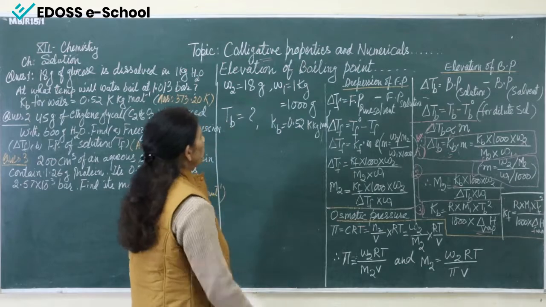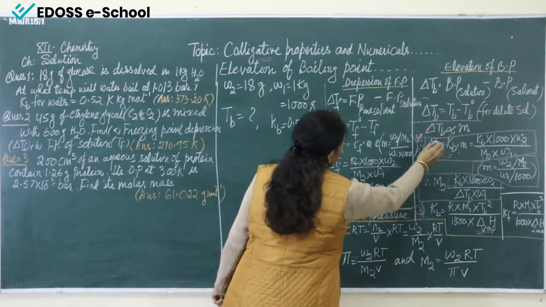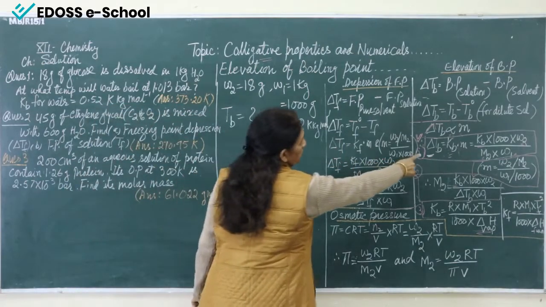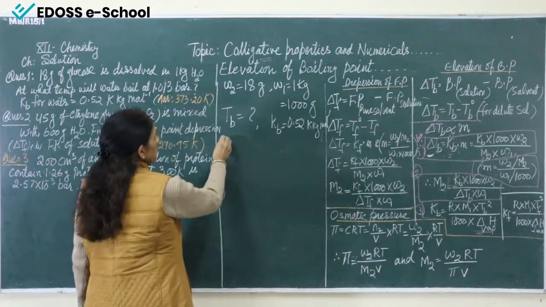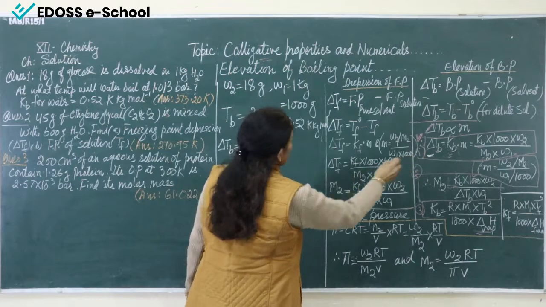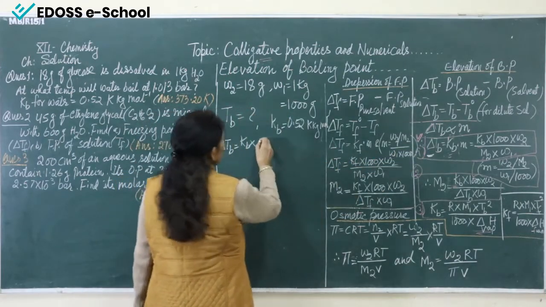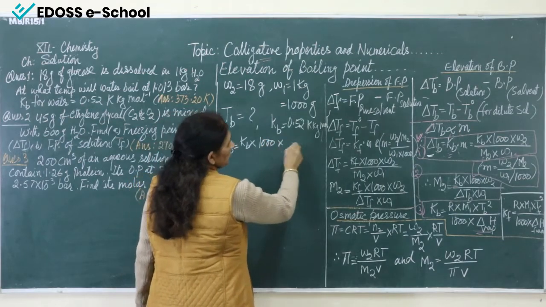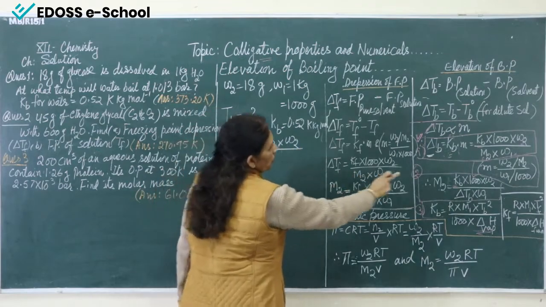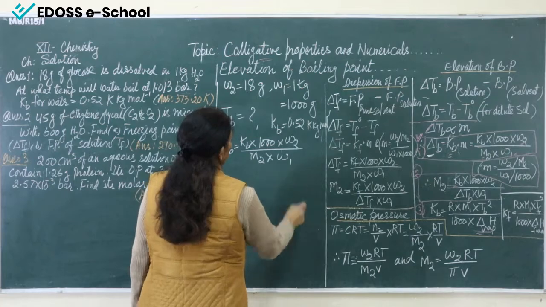With the help of this formula, first of all we will find delta TB. So we will put this formula here. Delta TB, write the formula. This is equal to Kb multiplied by 1000 multiplied by W2 upon M2 into W1.